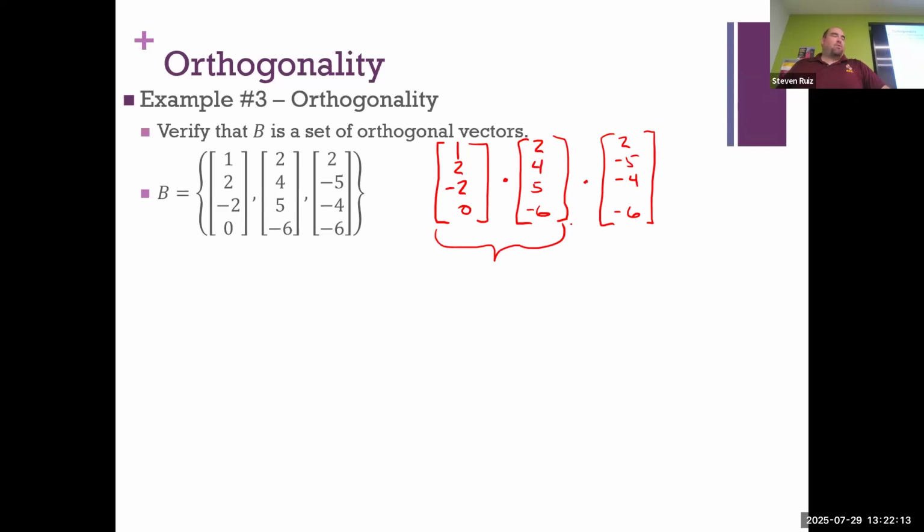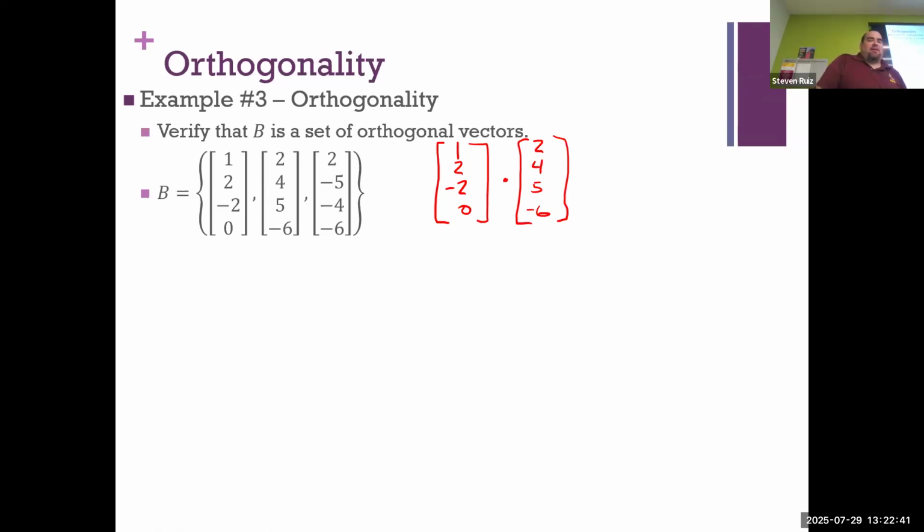If I dot these two together, what do I get? You get a number. And I can't dot scalars with their vectors. So a dot product is a thing that only works for two vectors. So because of that, if we're going to try to determine if three vectors are orthogonal, we can only look at them in pairs. So basically what we have to do is look at all the different pairs here.